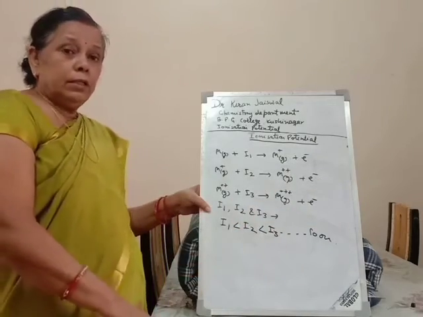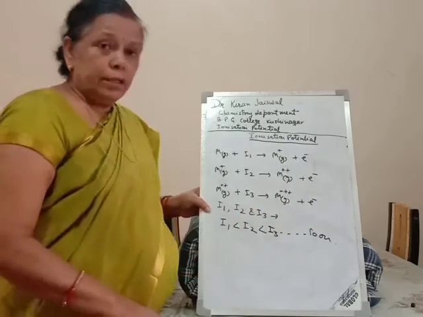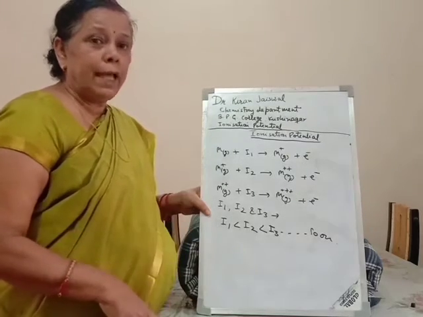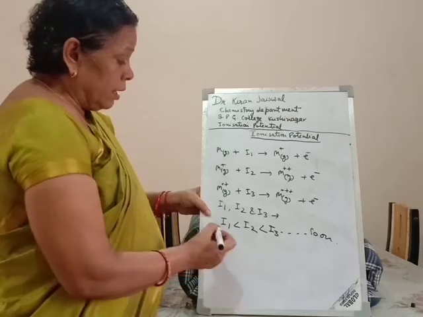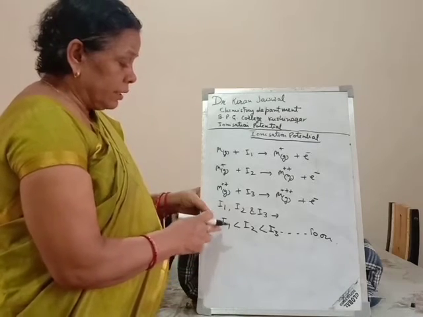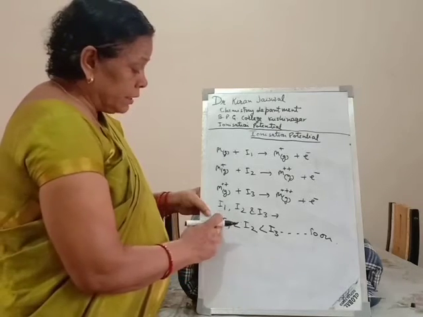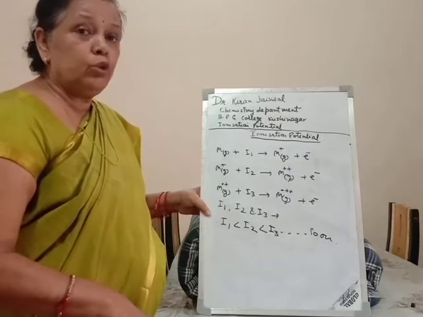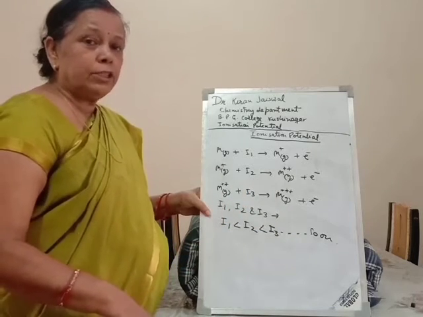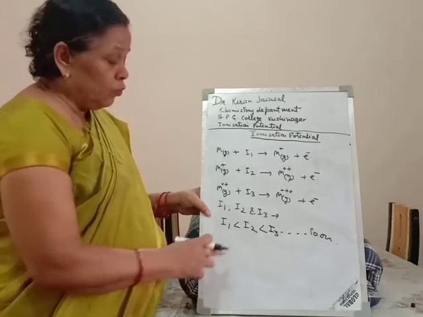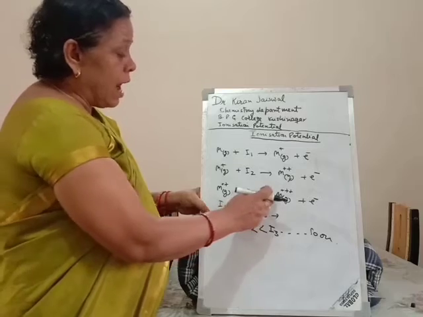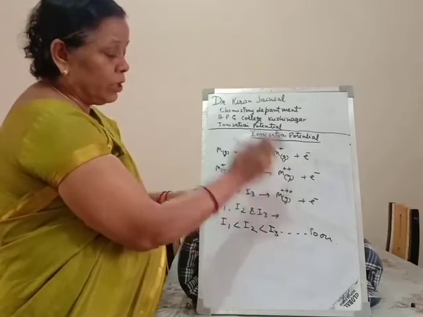From this equation, the conclusion is that the successive increase in the ionization potential is due to the fact that it is difficult to remove an electron from a cation having a higher positive charge than from a cation having a lower positive charge. More energy is required to remove an electron from the cation having the higher positive charge.